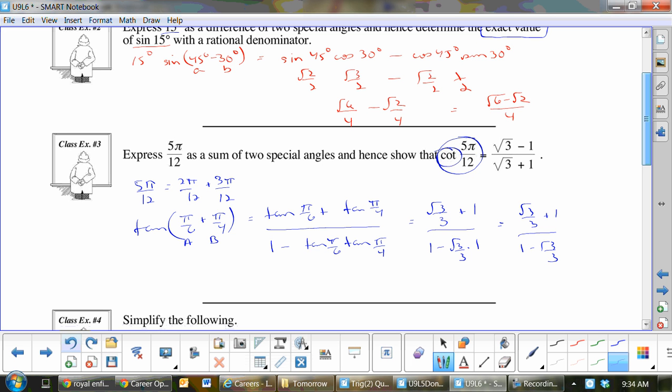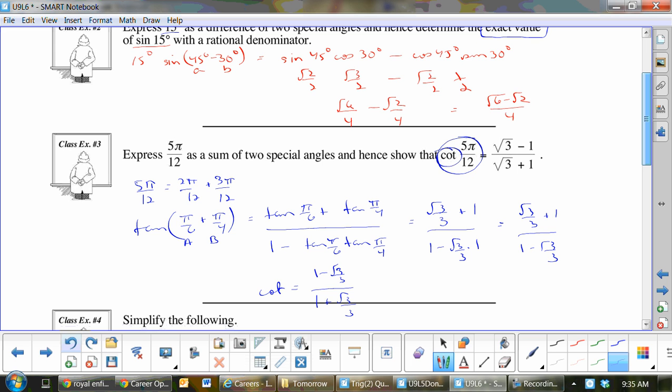Okay, now what we want to do, since it's cotan, I'm going to flip these around. So cotan would equal 1 minus root 3 over 3, and I'm going to change this to 1 plus root 3 over 3, just because I can, right?